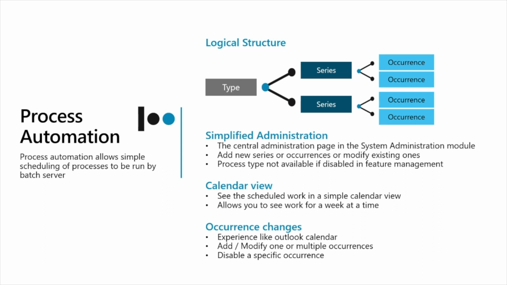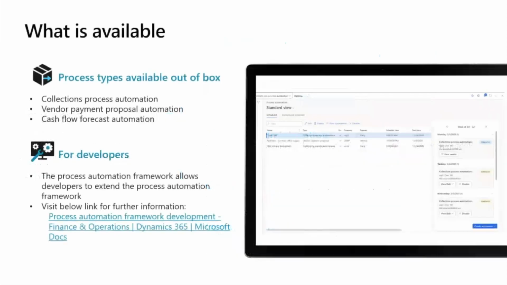You can change and you can work on those. So you can say, okay, no, I would like to pause the next one, I would like to move the next one, or I would like to change the whole series. So it's really up to you, and it's an end user experience. So you do not need to handle batch groups, and you do not need to go into the system administration module. It's very easy for end users. Adeel will show you in a bit. Next slide, please.